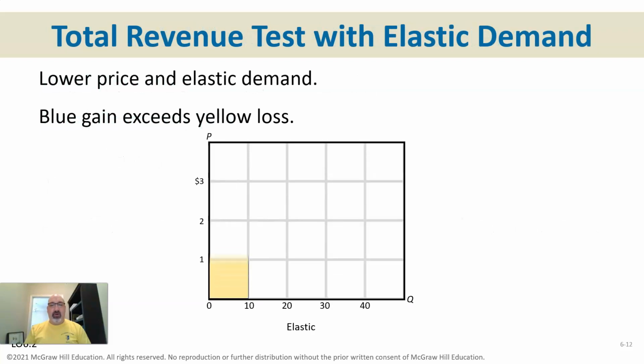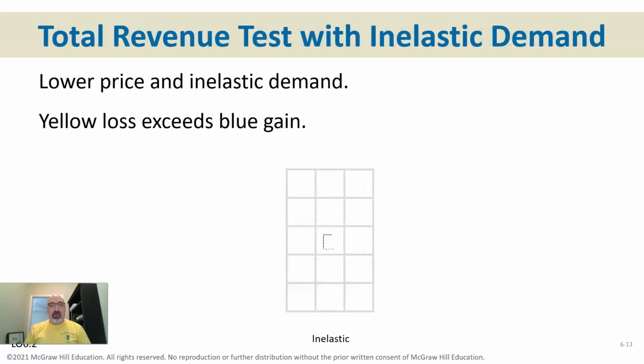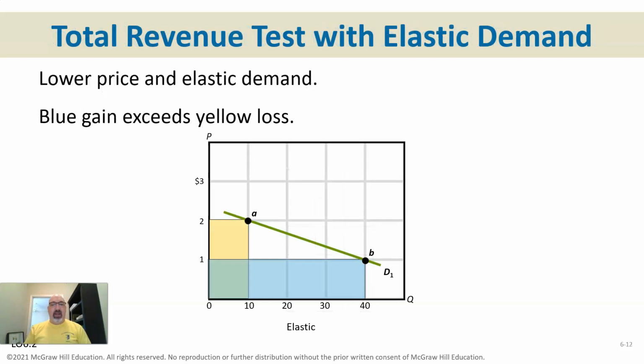So how does that work for an elastic good? If we lower the price, quantity demanded goes up by so much that your blue gain exceeds your yellow loss. The loss from the price is not so much, but the gain in the quantity is way more.